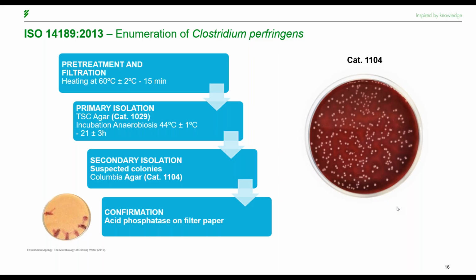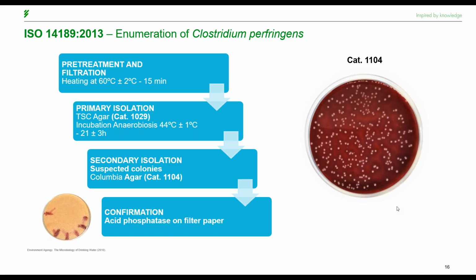For confirmation, the ISO marks that all colonies formed should be confirmed, and if there are more than 10 colonies, at least 10 should be chosen at random. The medium for this could be blood agar that we see in this image on the right. However, you can also use some other medium rich in nutrients such as a TSA or a Columbia agar, and these must also be incubated anaerobically.